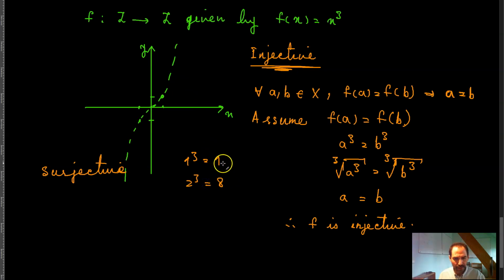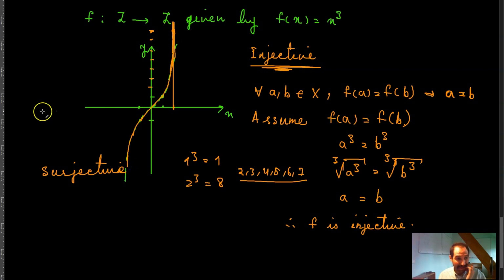So between 1 and 8 there are all of these numbers like 2, 3, 4, 5, 6 and 7. So 2 cube is equal to 8 here. So the function is actually supposed to go through this point here, right?